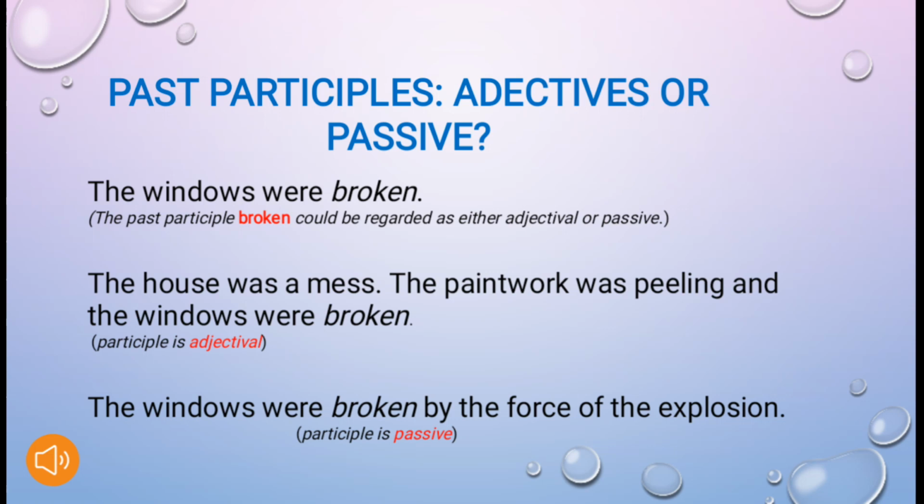We also have the third sentence: the windows were broken by the force of the explosion. As you can see, we already used the word by there, which explains that the sentence is using the passive voice. So the participle broken there is the passive.